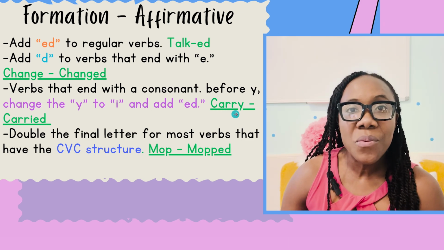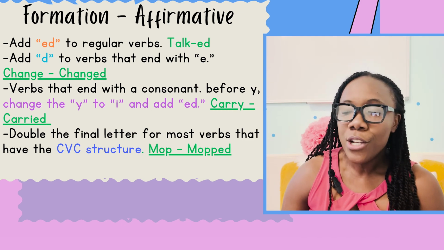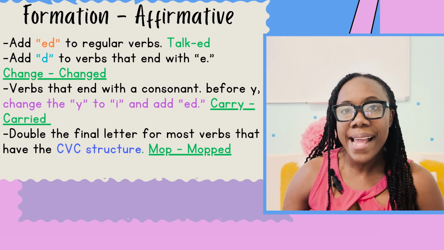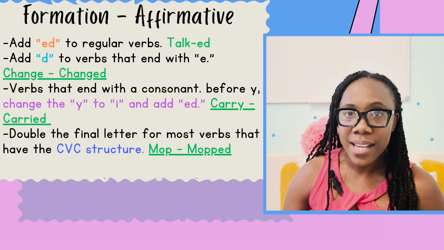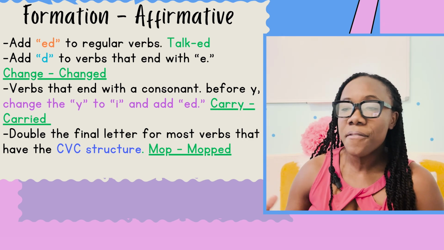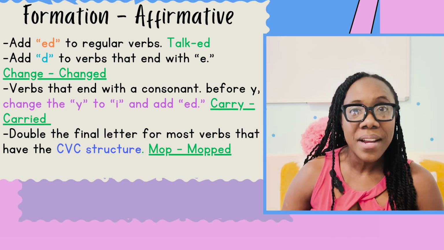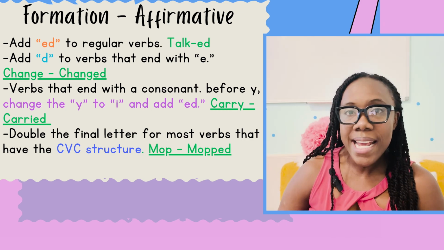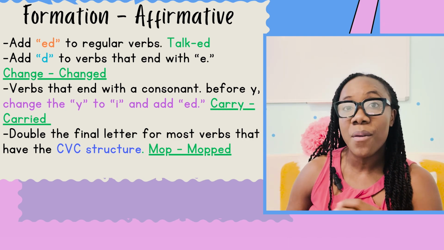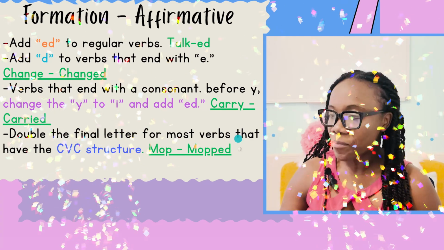The letter before the Y is R, and R is a consonant, so we are forced to change the Y to I and then add ED. So the past tense of carry is carried. Other verbs that would fit in this category would include words like marry, hurry, study, etc. They all have a consonant before the Y, so we change that Y to an I and then add ED.